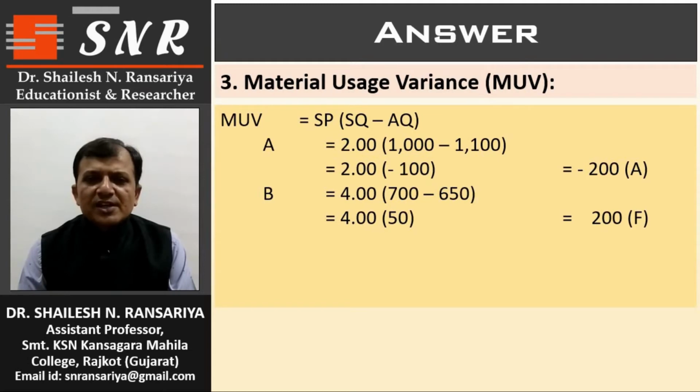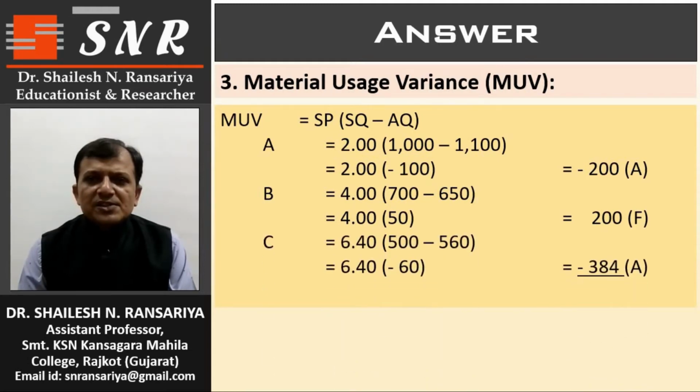It is 200 favorable. And for C, 6.4 into bracket 500 minus 560. So 6.4 multiply minus 60. It is minus 384. So total material usage variance is equal to minus 384 adverse.